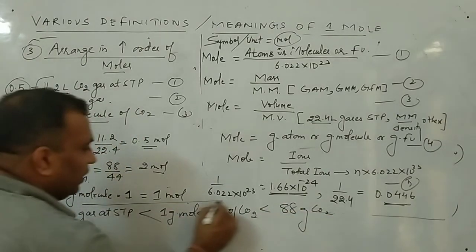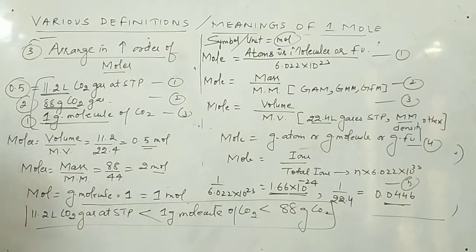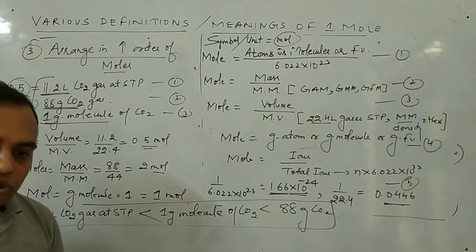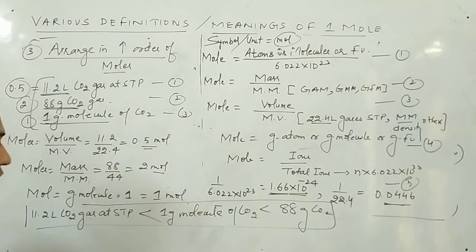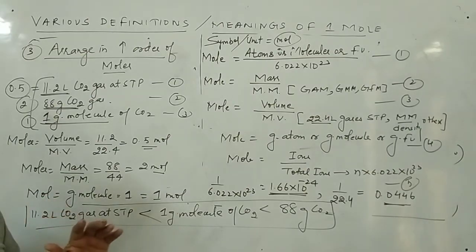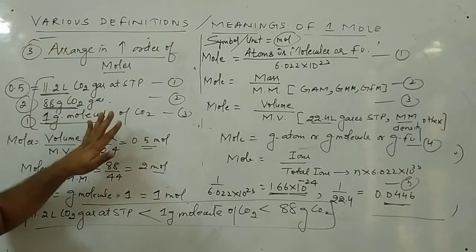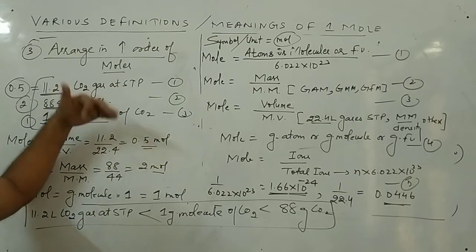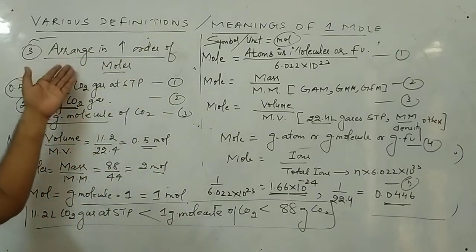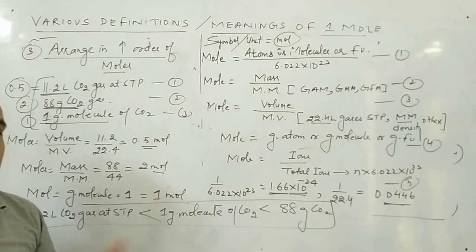So it only depends on the examiner which type of questions it will give you, but all these questions are based on the calculation of number of moles. In type 1 we calculate number of moles. Simply the examiner says calculate the number of moles, or arrange in the increasing order, or which has more moles.